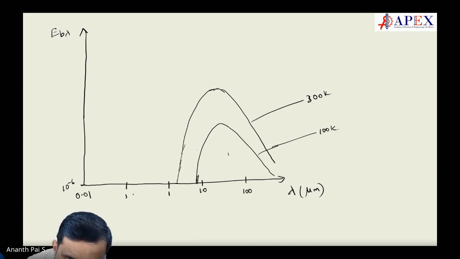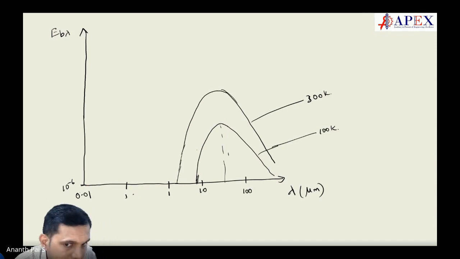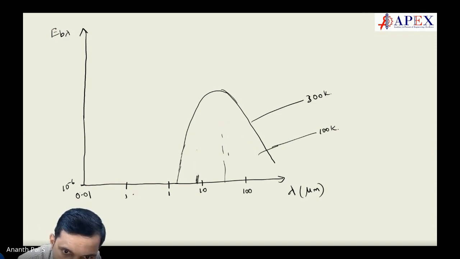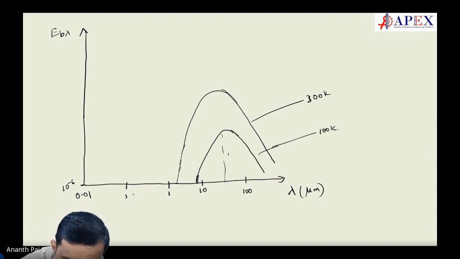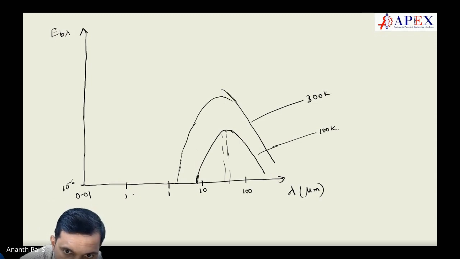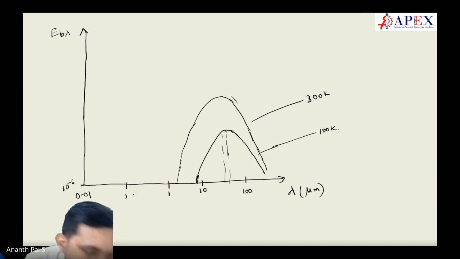So the maximum may be somewhere here, and for this one the maximum goes somewhere here. Okay, so this is the emissive power.